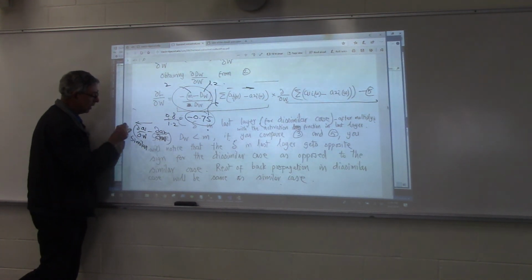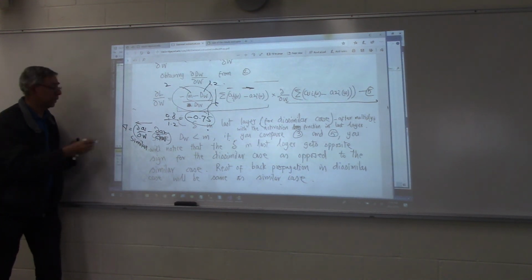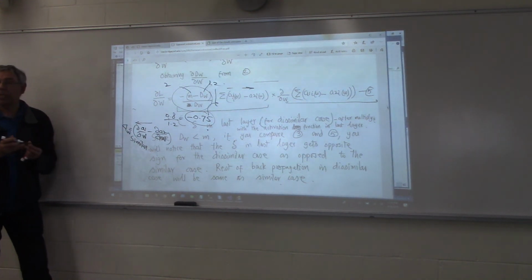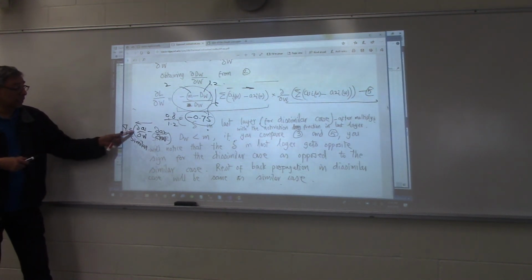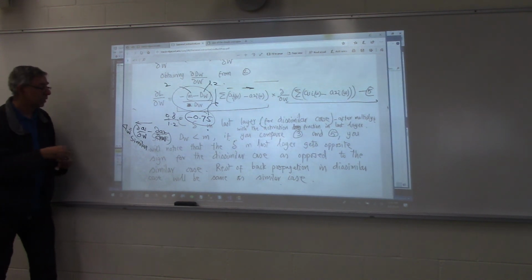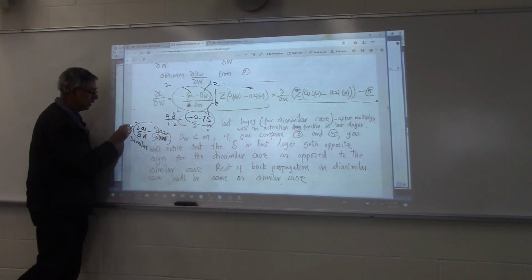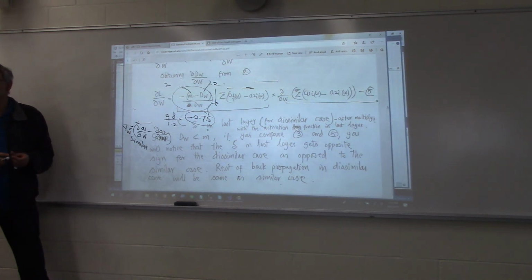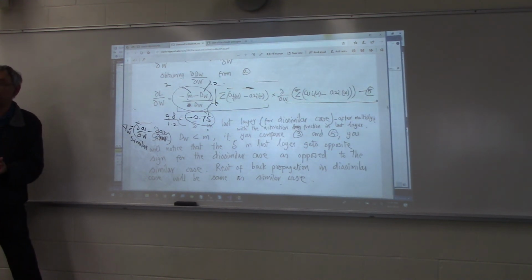So this is what our gradient comes out to be with respect to W as an example. For the dissimilar case, what's fundamentally the difference? Just a number is added, multiplied, sorry. No, there's just a minus. So the update of the weights will be done in the opposite direction.